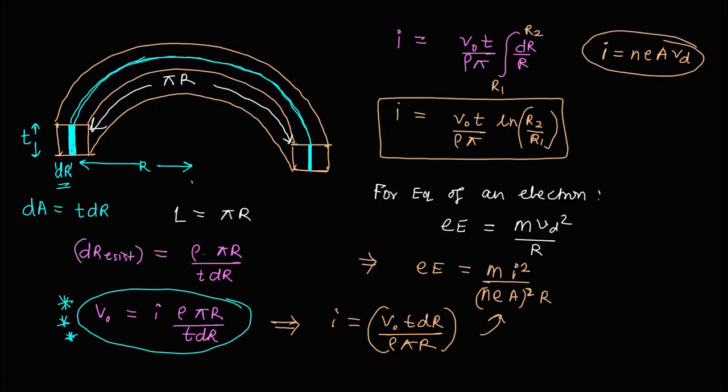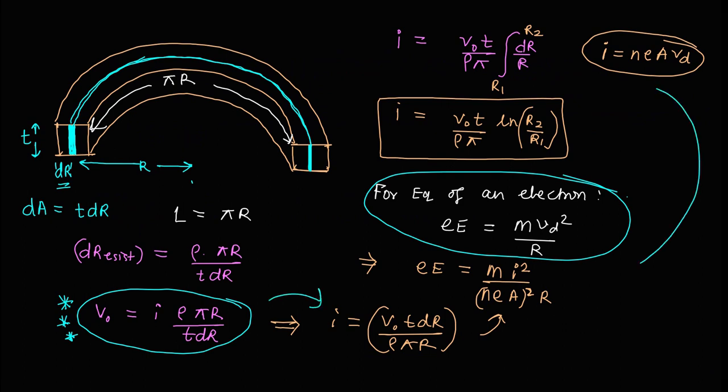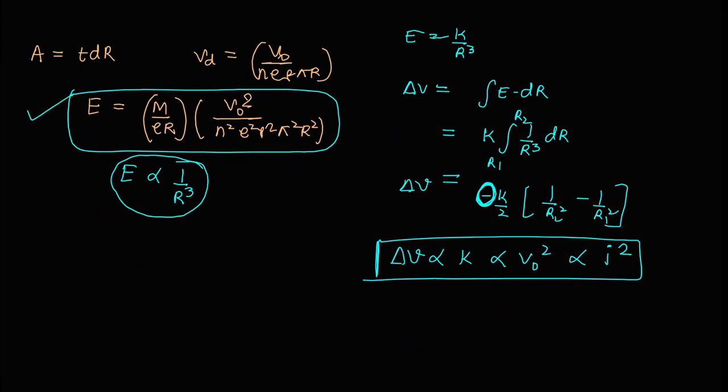This is a very interesting part where you need to think that since only the kinetic effect is to be considered, we need to say that eE is equal to m v square by r, and then we have used the expression of I and drift velocity to obtain an expression where E is inversely proportional to r cube.